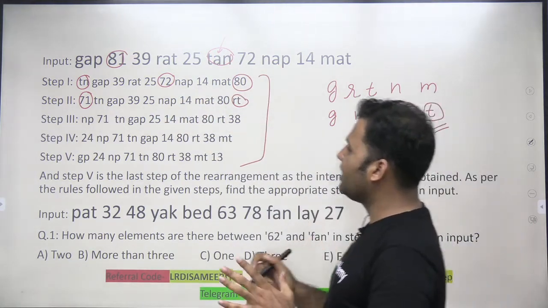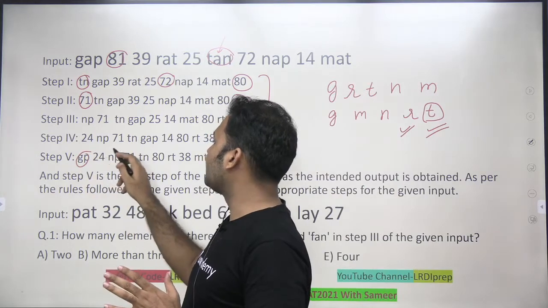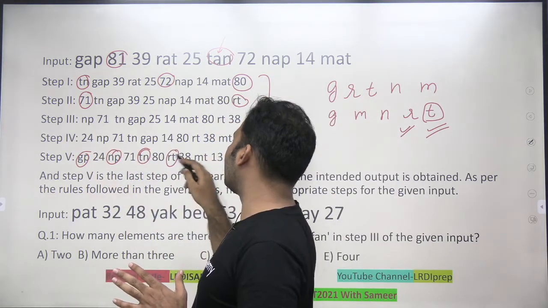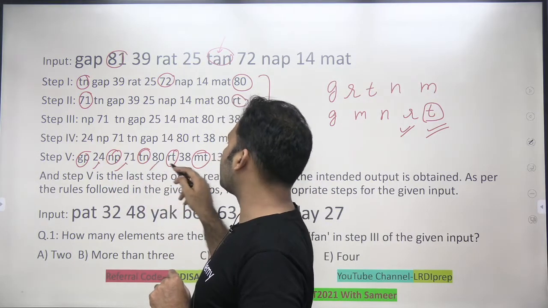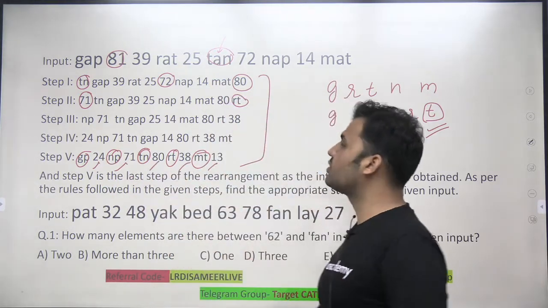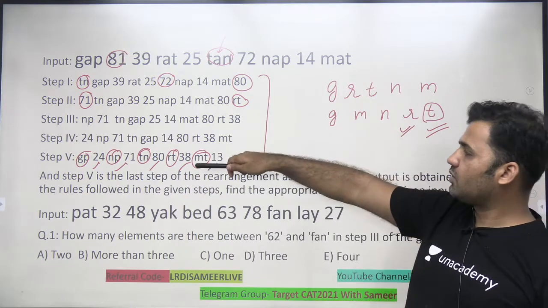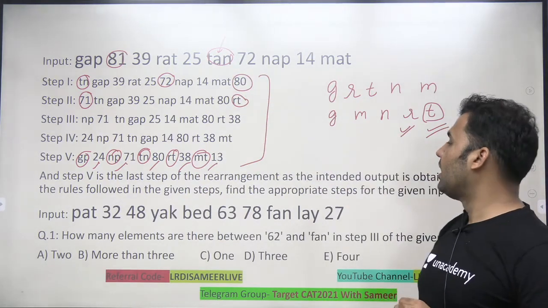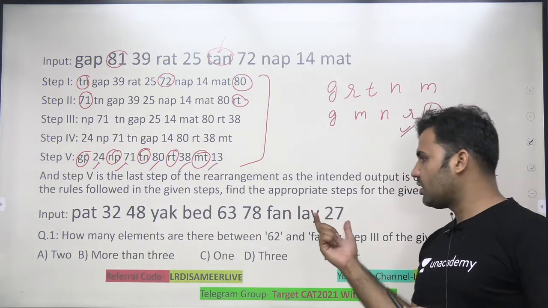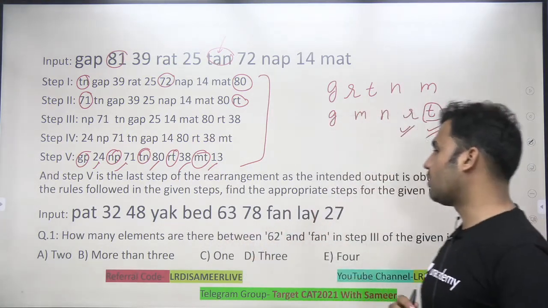You see that finally I'm supposed to arrange the letters in increasing order, and I'm supposed to arrange the numbers in increasing order. In what way do I reach this step? This is something that you need to observe from steps 1, 2 and 3. So we have this input and we are supposed to answer this question. Now what will I do?